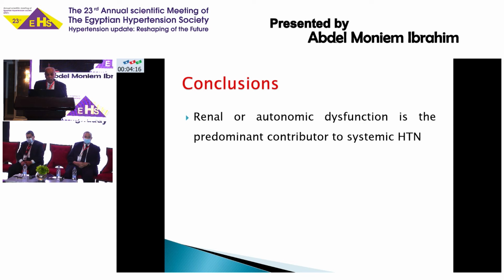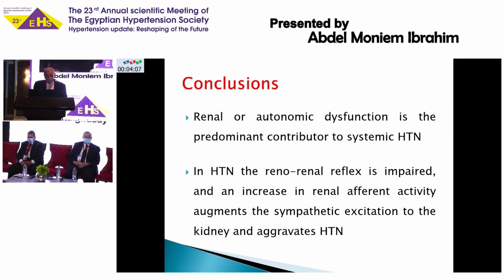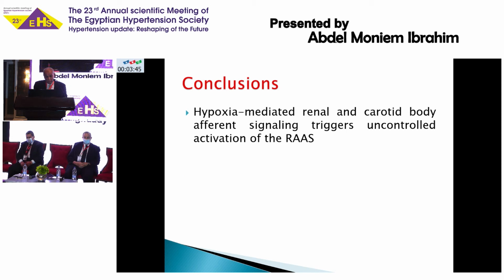Renal or autonomic dysfunction is the predominant contributor to systemic hypertension. In hypertension, the renal reflex is impaired, and an increase in renal afferent activity augments the sympathetic excitation to the kidney and aggravates hypertension.